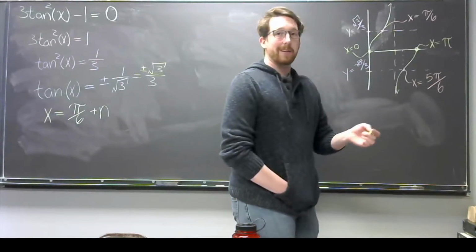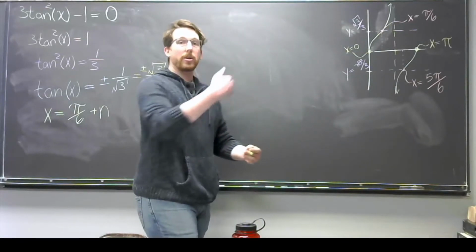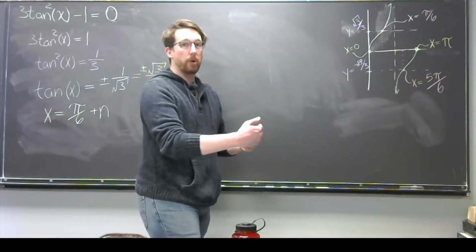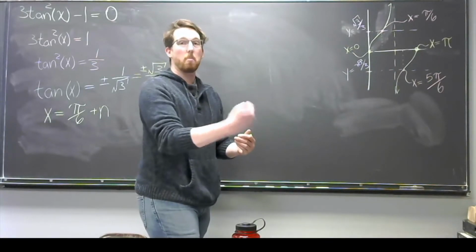Well, I just said that tangent's pi periodic. So every time we go a distance of pi from one of these points, we're going to end up with the exact same y value again.